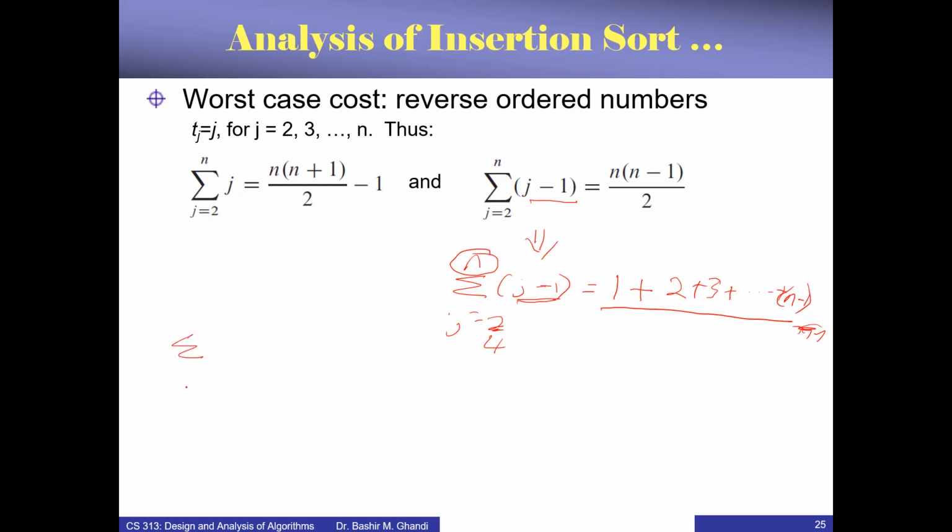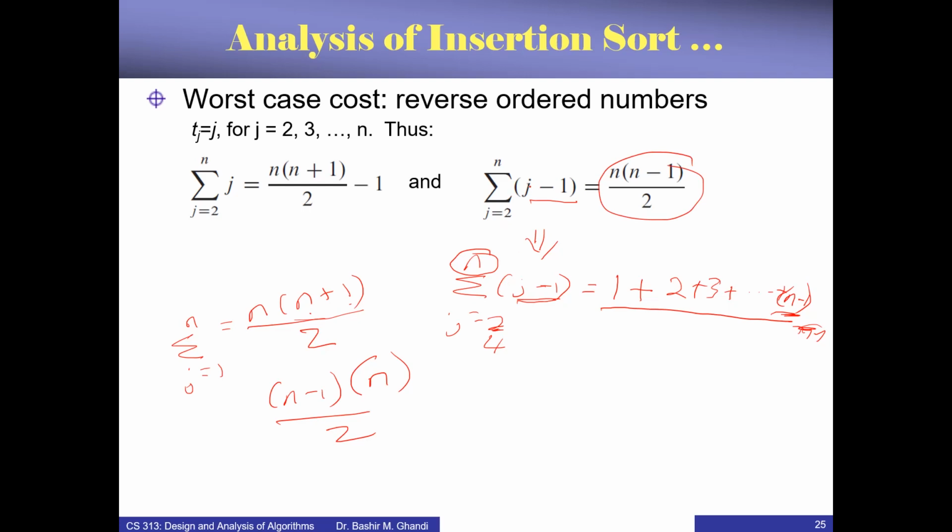Remember, summation for j from 1 to n is n times n plus 1 over 2. But this time n is n minus 1 actually, not n. So here if you put n minus 1, and here n plus 1 minus 1 is actually n, all over 2. So this is how we get this formula here. If we sum j minus 1 from 2 to n, this is actually what we will get.